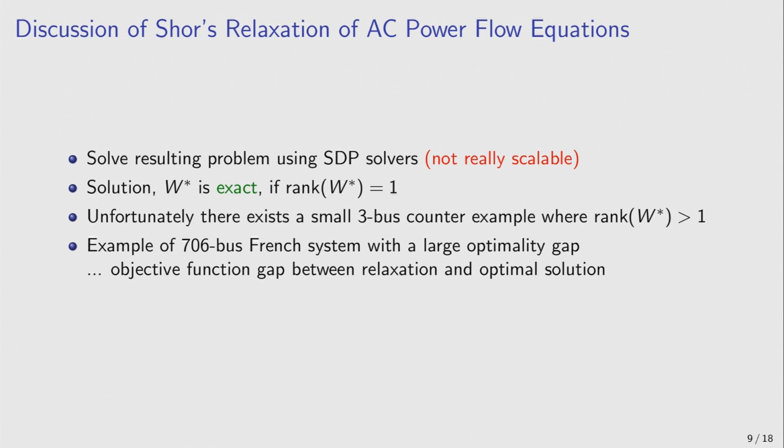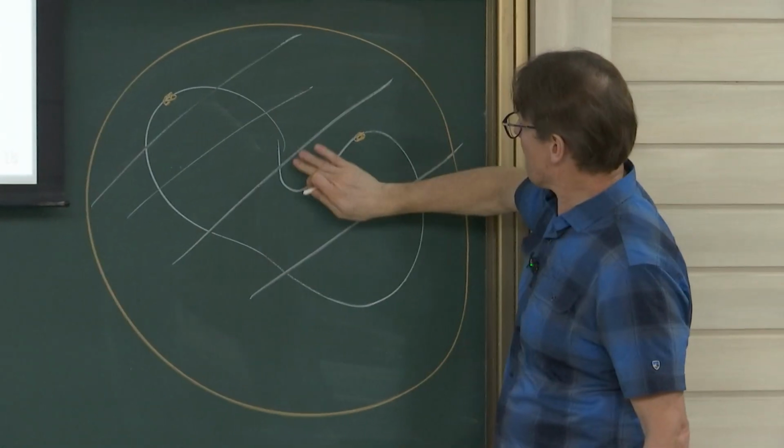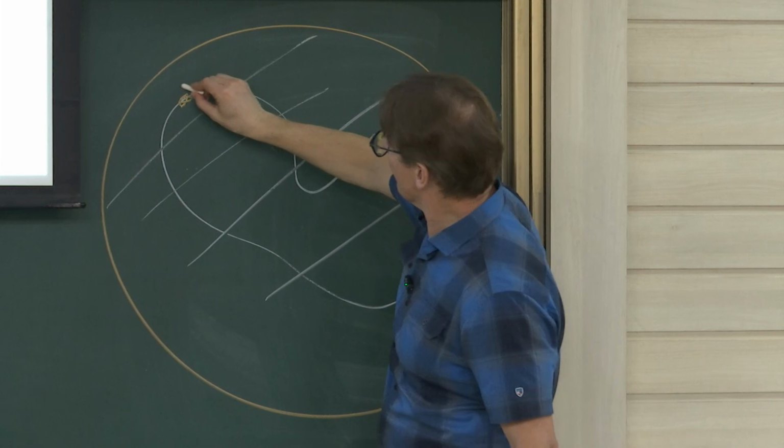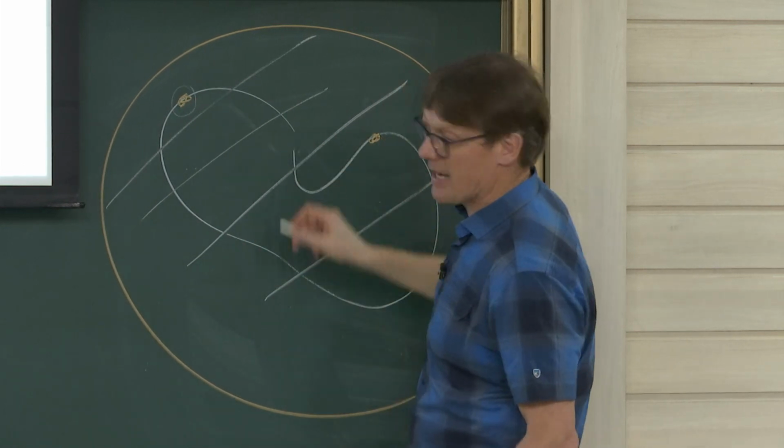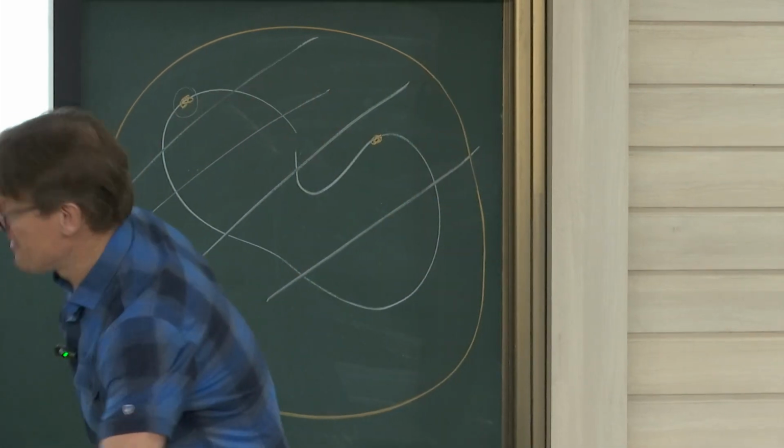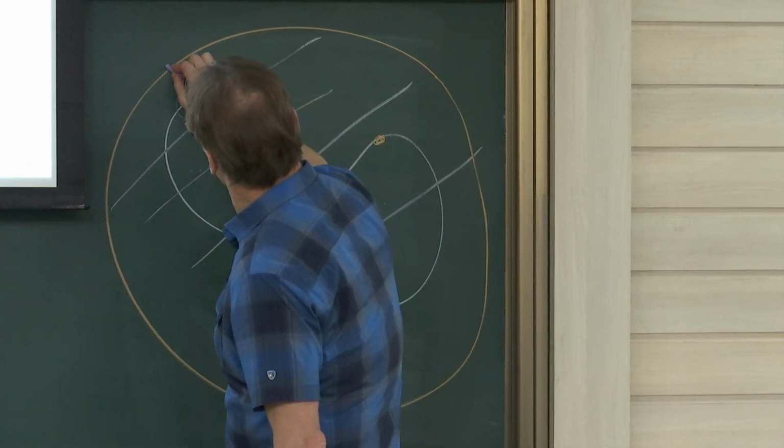And in fact, there's a practical example from the French power grid with a very large optimality gap. And so the optimality gap here means that if I look at this picture, the optimal solution in my non-convex set would be here. The optimal solution in my relaxation would lie out here.